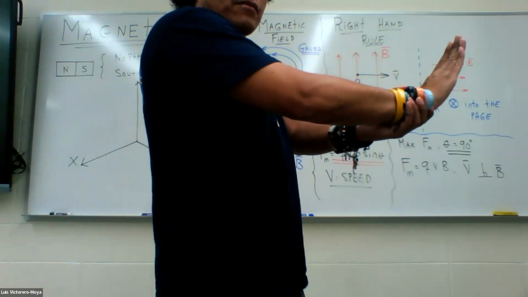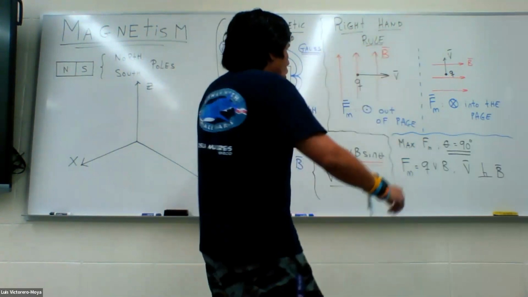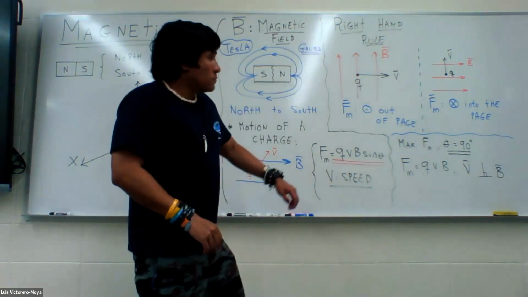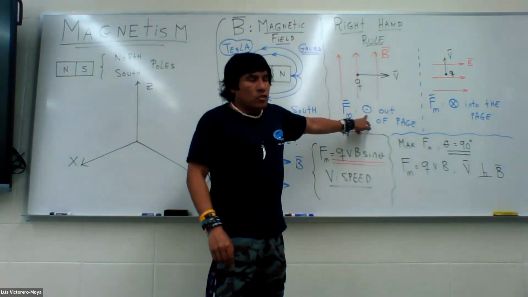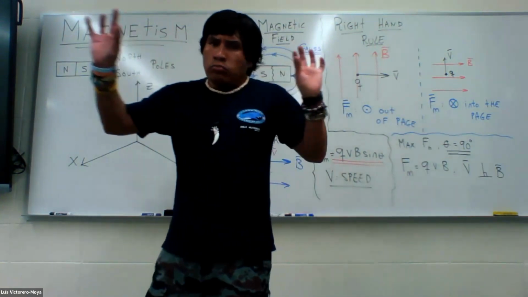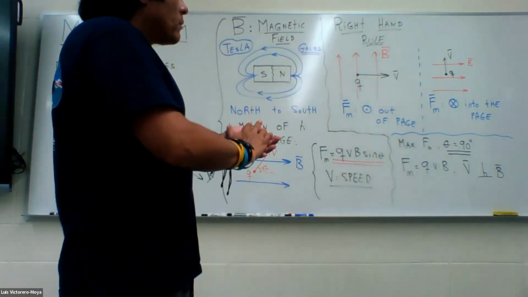And then your thumb is into the page. So that's why this is into the page. A few labels: this symbol means out of the page, and that one means into the page. It's like an arrow, the tip of the arrow and the tail of the arrow.